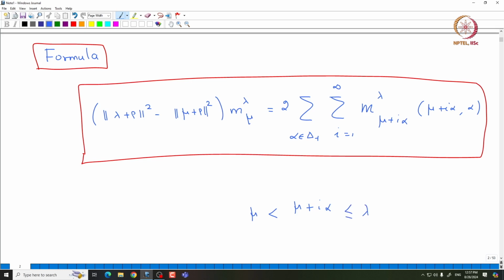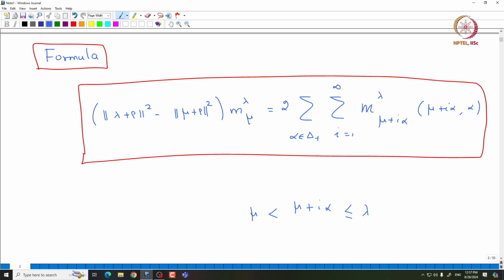We know that there are only finitely many weights between these two. If we know the multiplicities of all the weights lying above mu, not including mu, then this formula very explicitly gives you the multiplicity of mu.